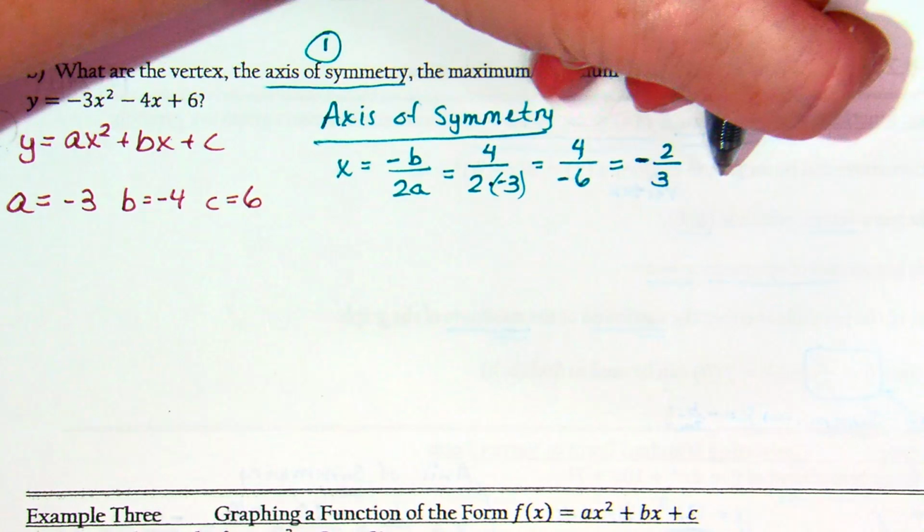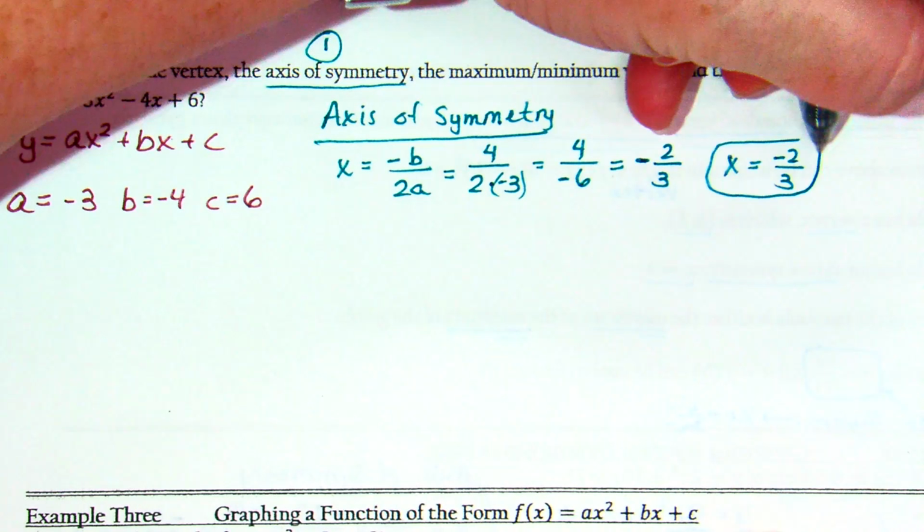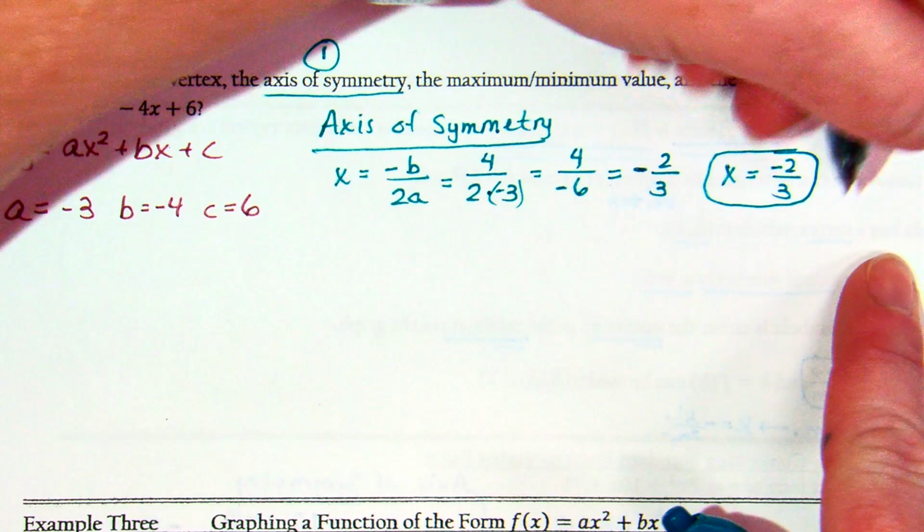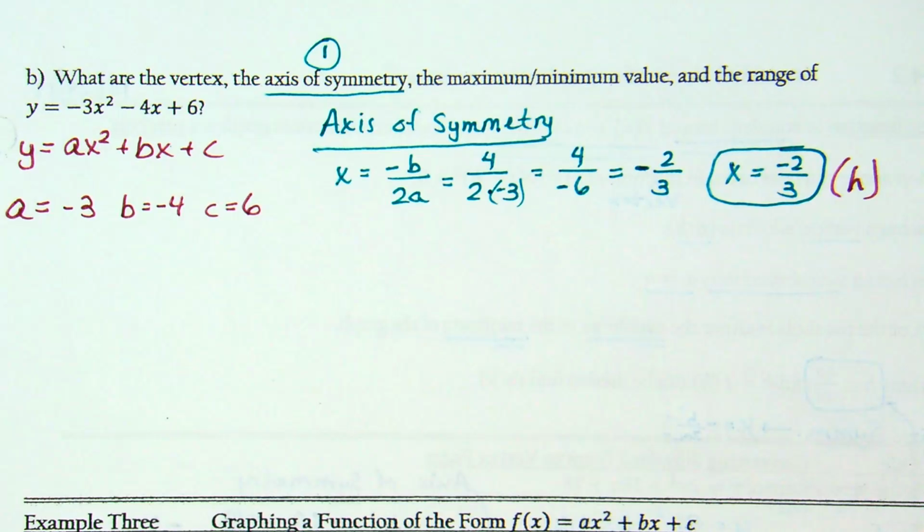So, axis of symmetry is the equation x equals negative 2/3. Remember, that's the equation of the axis of symmetry. That is also my h, x, first half of the vertex.